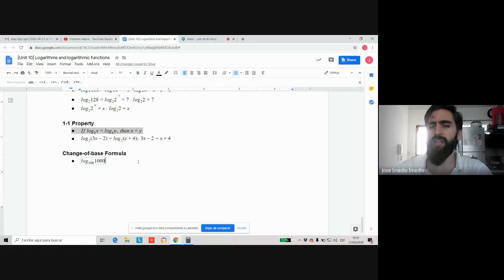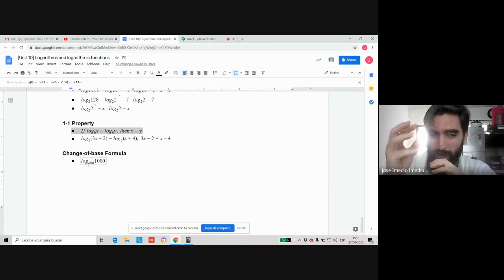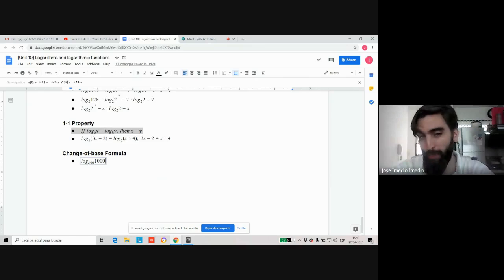If you think about it for a moment, it's not that intuitive. If this was a 10 down here, it's easy because 10 cubed is 1000. But it's not like that. It's what's the exponent of 100 if I want to get 1000?